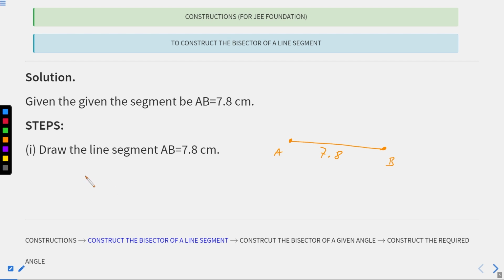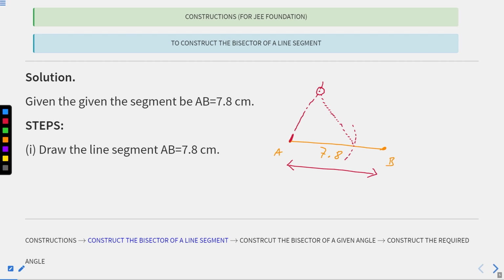Now we put our compass at A and take a length more than half of this 7.8 length, and make an arc.